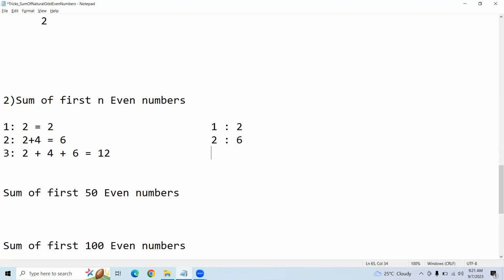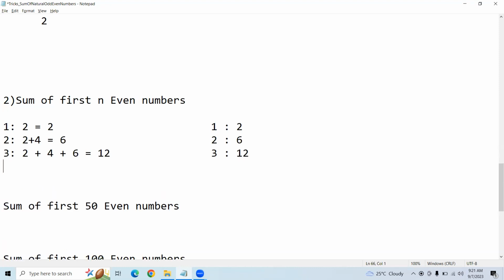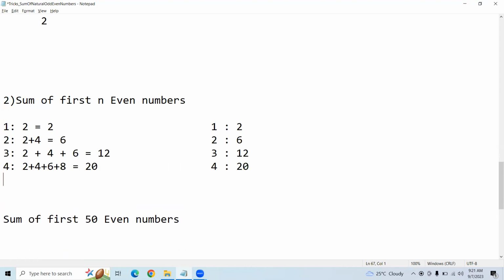So for three even numbers, our sum is 12. Let's go for four even numbers. 2, 4, 6, 8. So 12 plus 8, you will get 20.